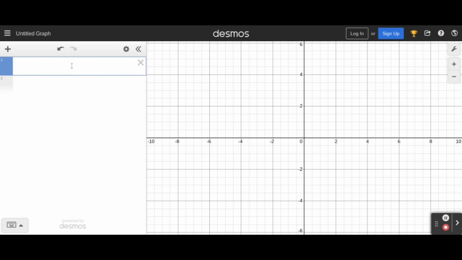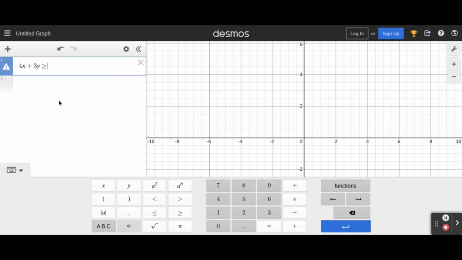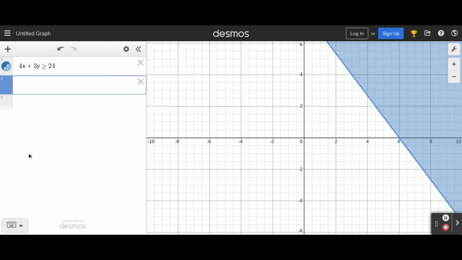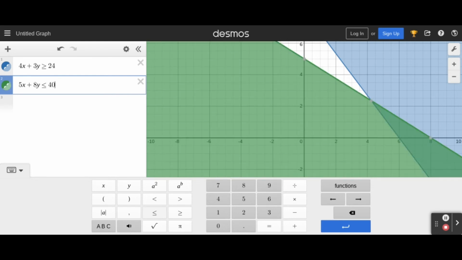All right, so B, if I do 4x plus 3y greater than or equal to 24, that's one of them. If I do 5x plus 8y less than or equal to 40, that is what I want.